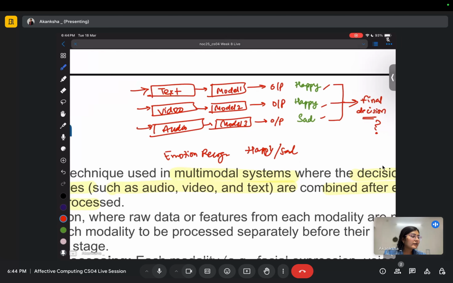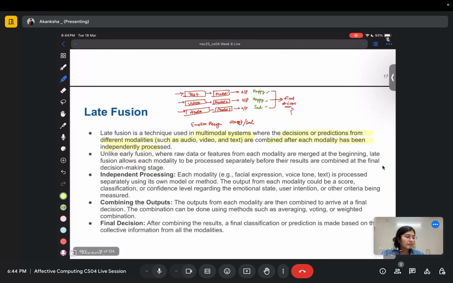So we'll read this out, but firstly, I hope you got the idea. It is independently processing each modality. So each modality is processed separately using its own model, and then at the end, when we have the scores or predictions from different models or different modalities, we take those output numbers and then somehow combine.